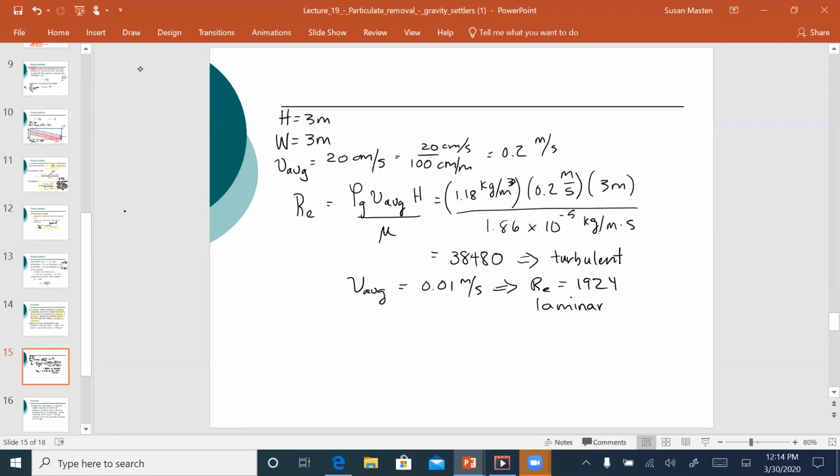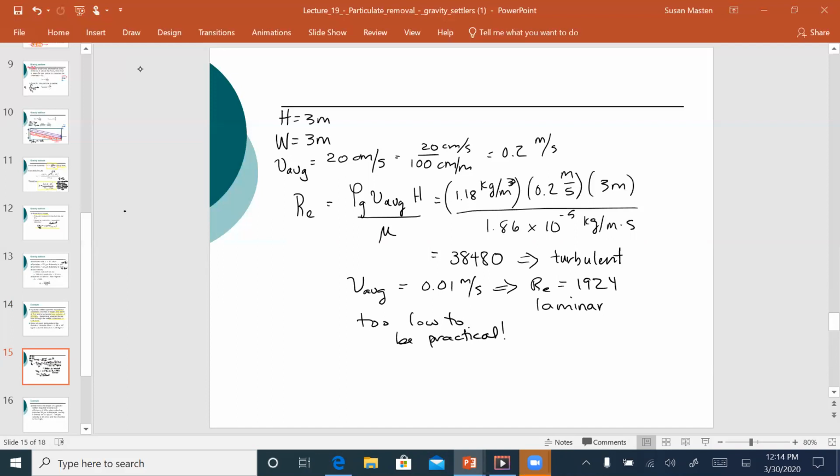But the problem with that is that velocity is actually too low to be practical. So in a situation like this, we would probably need to think of some other process. On Wednesday, we'll look at centrifugal settling, and you'd probably move to something like that.